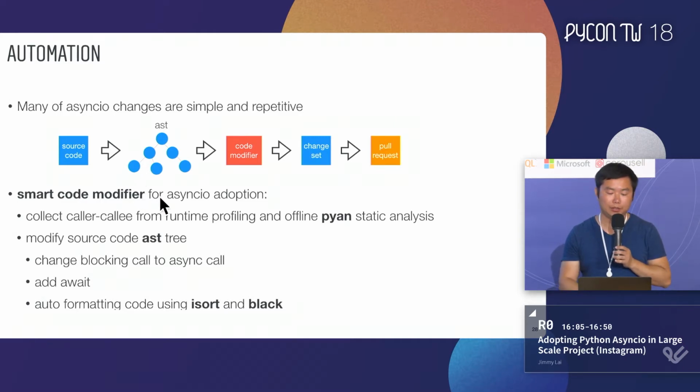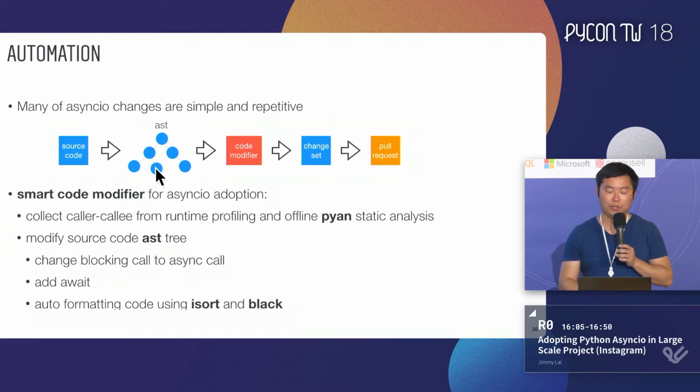What we need to do is, whenever we decide to change a function, we need to figure out the callers of this function. So we collect the caller-callee data from runtime profiling, and we also use offline static analysis. So then given any function, we know what the callers are.